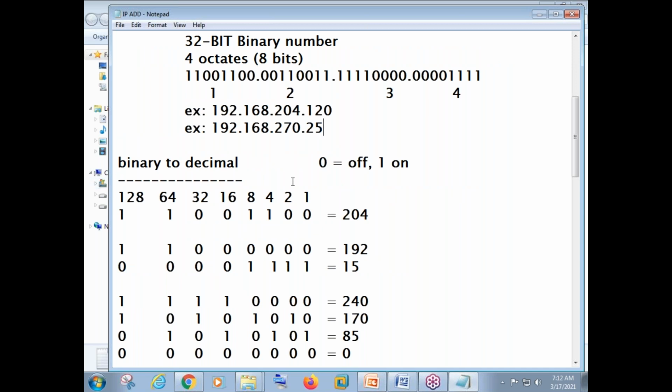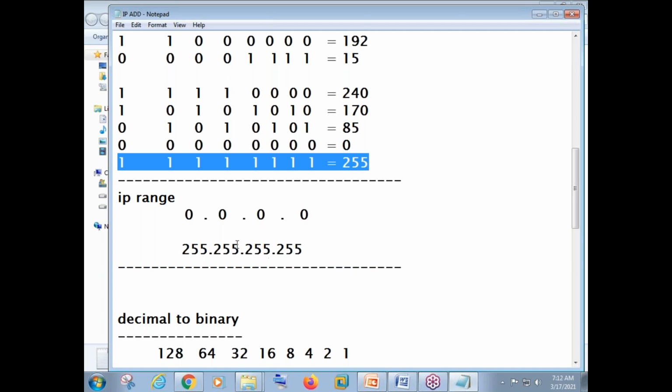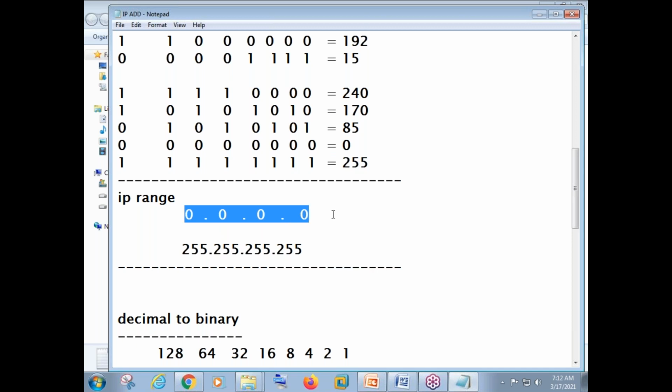When we did the binary to decimal conversion, if all bits are zeros, the output will be 0. If all bits are ones, the output will be 255 in decimal. So the range of IP version 4 addresses is 0.0.0.0 up to 255.255.255.255.